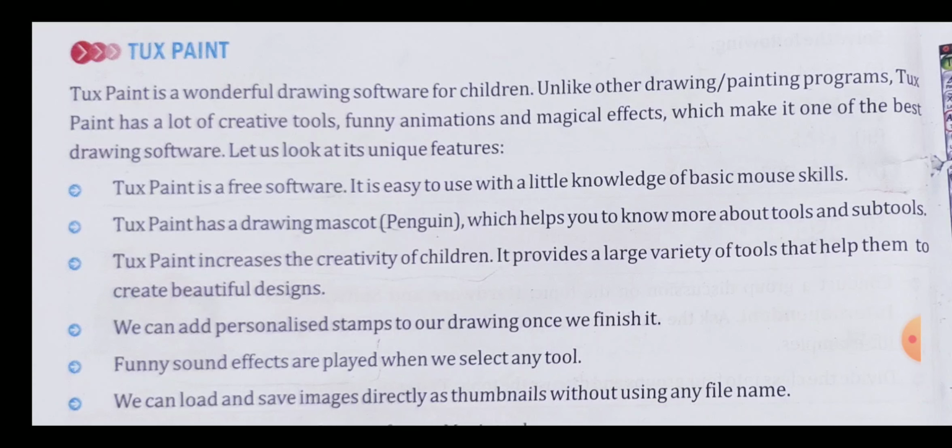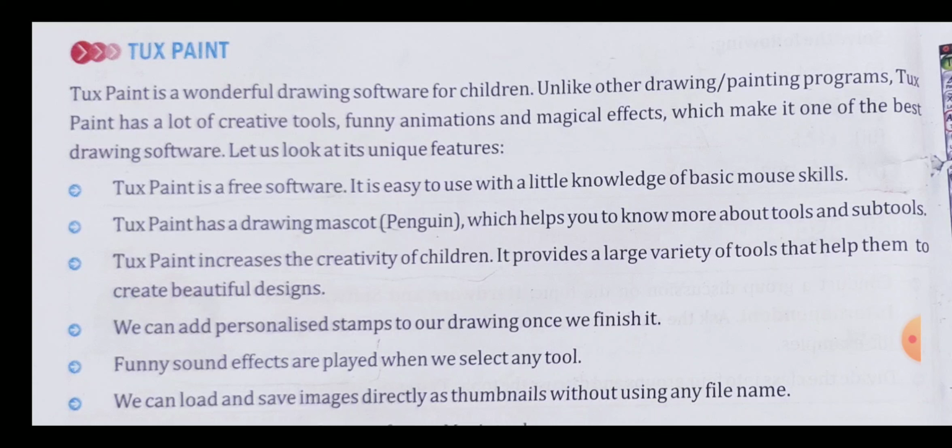Next is funny sound. Funny sound effects are played when we select any tool. In Tux Paint, whenever we select a tool, it produces a funny sound, which makes it more interesting for children.